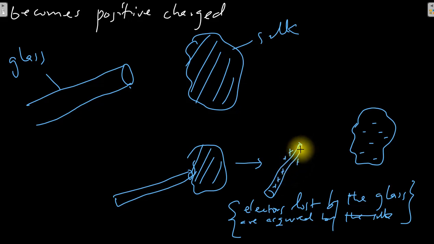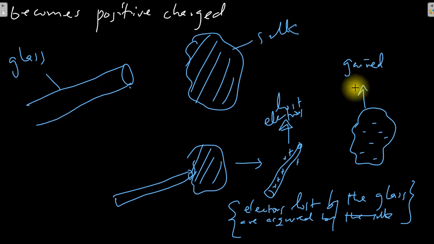We have simply transferred charge from the glass rod to the piece of silk. So this one here, we say it has lost electrons. It remains with a net positive charge. This one here, the piece of silk, has gained electrons, so it has an excess number of electrons. Therefore, it is negatively charged.